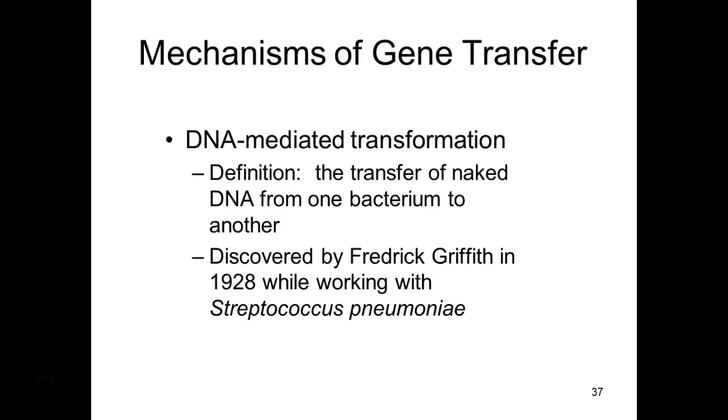So back in those days, he was trying to develop a vaccine for Streptococcus pneumoniae. And there's two different forms of Streptococcus pneumoniae. One that's encapsulated, which means the bacteria have a capsule. One where they don't have this capsule. So which one do you think is pathogenic and why? The one with the capsule. Why? The capsule is protective, right? And how does it help the bacteria in our bodies?